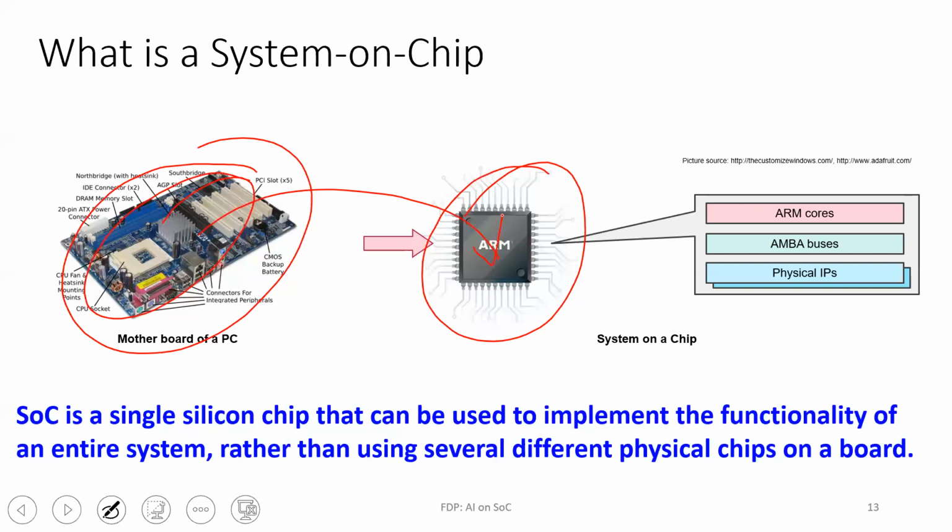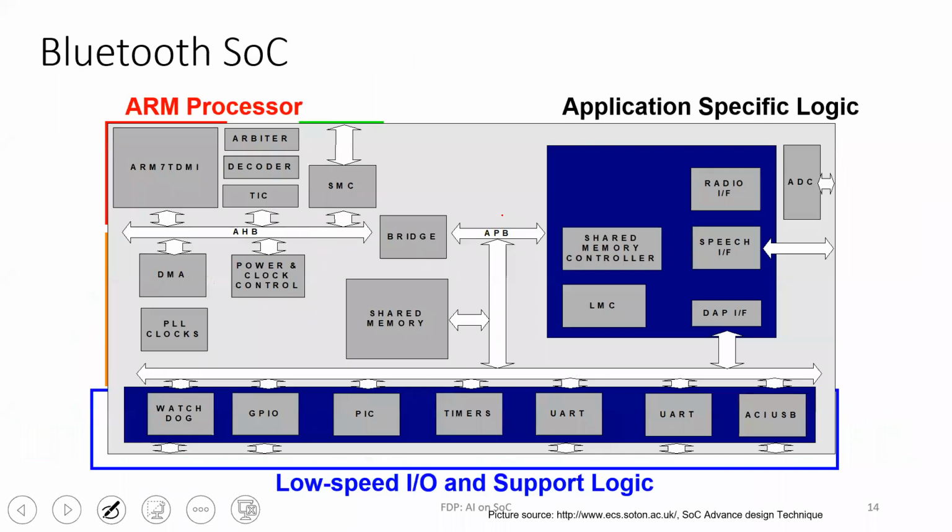System on chip is a single silicon chip that can be used to implement the functionality of the entire system rather than using several different physical chips on the board. For example, if you take a simple example of the system on chip, we can take a Bluetooth based microcontroller. You may have multiple chips in the market which support Bluetooth.